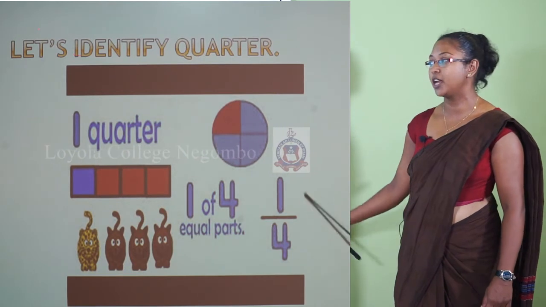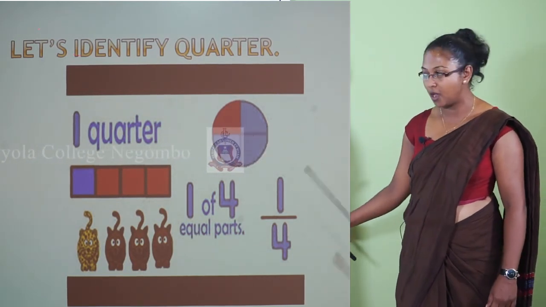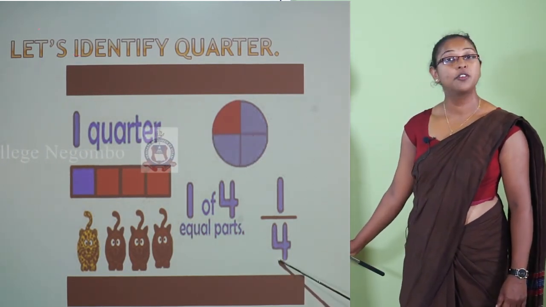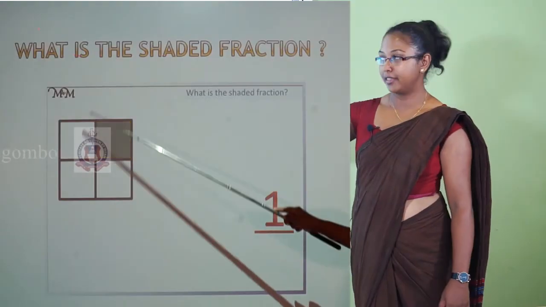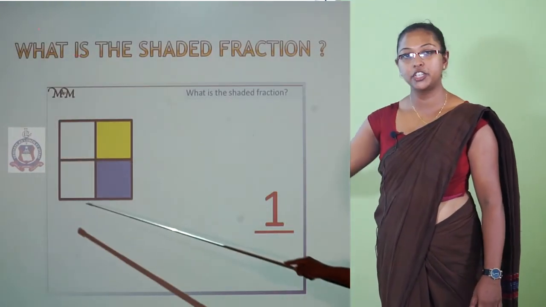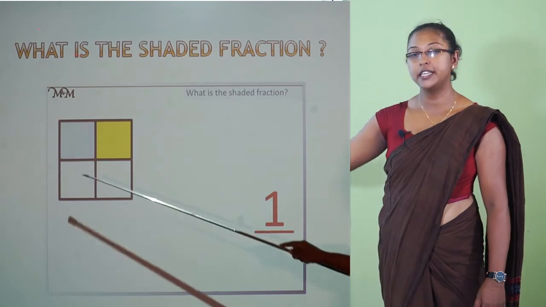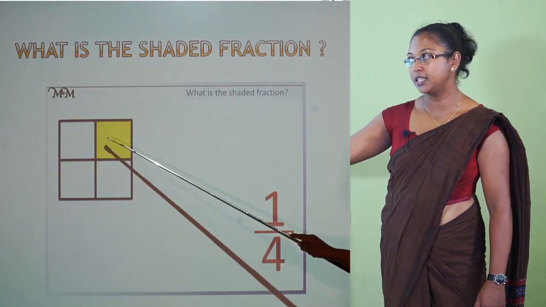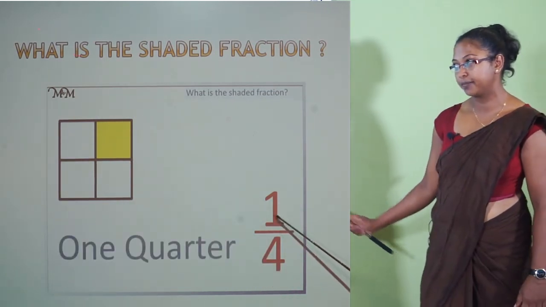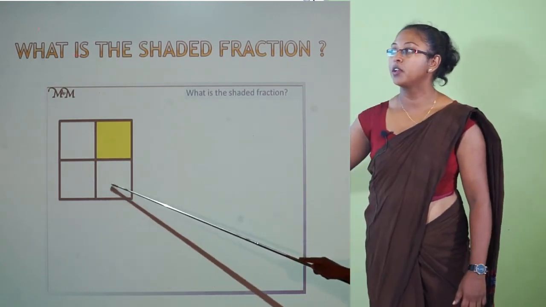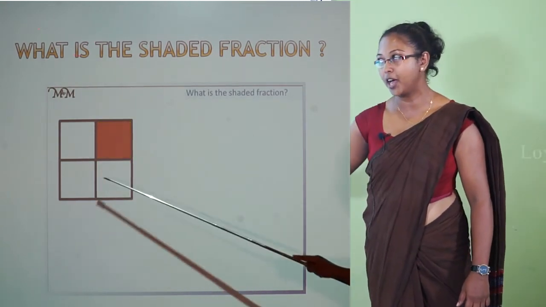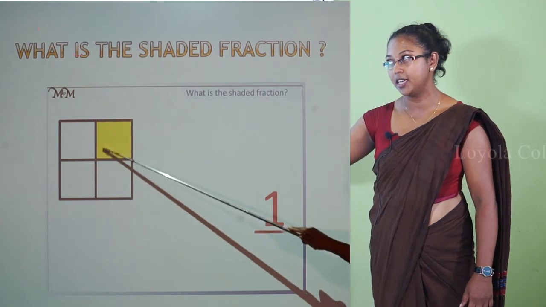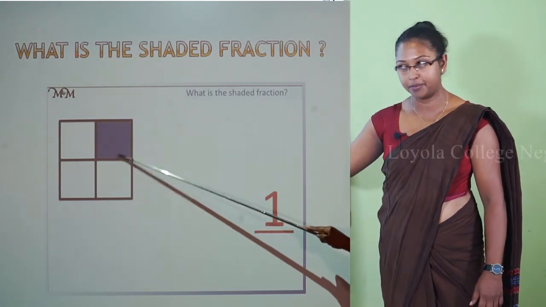This is the way to write a quarter using numbers: 1 out of 4 parts. Here's another picture for you to understand what a quarter is. Quarter means 1 part out of 4. There are 4 parts, 1 part. Here you can see the blinking shape.